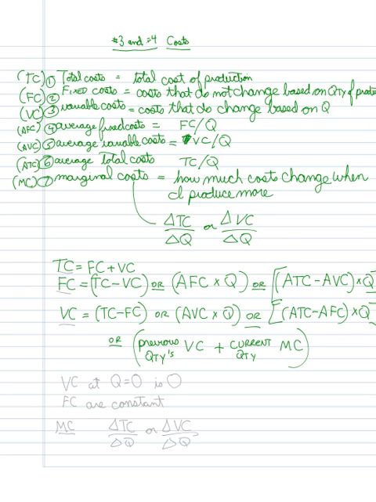Now, once you know one fixed cost, you know them all. The variable cost at quantity 0 is 0. Fixed costs are constant across all quantities.